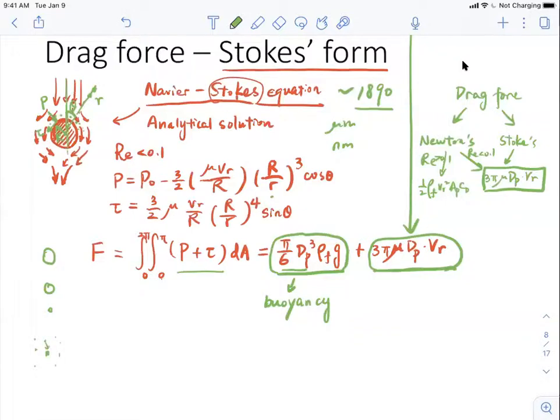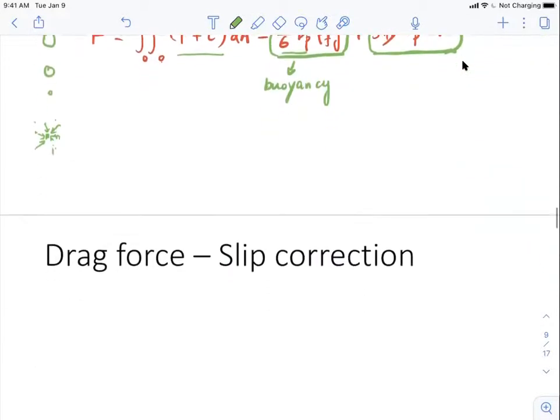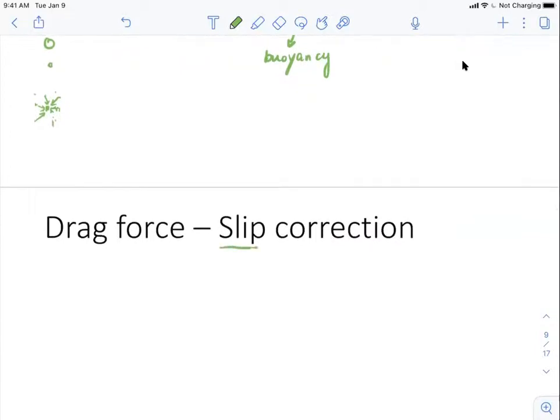So for a particle that's much smaller, it's just going to be a collision. There's not going to be a continuous movement on the particle anymore. Instead, it's just a single collision. This process is called the slip process.